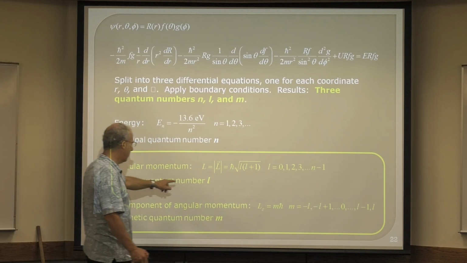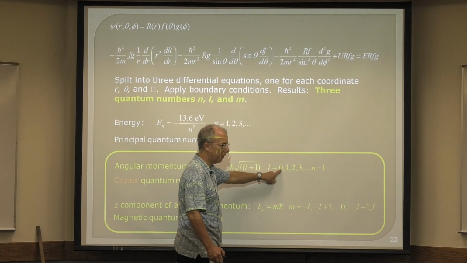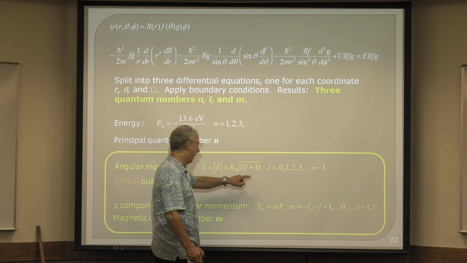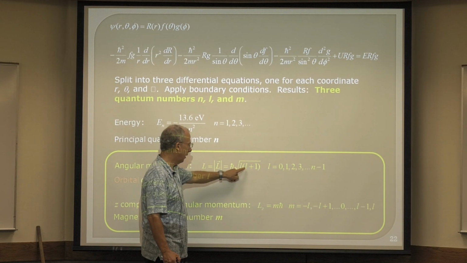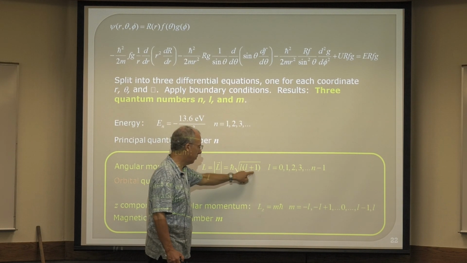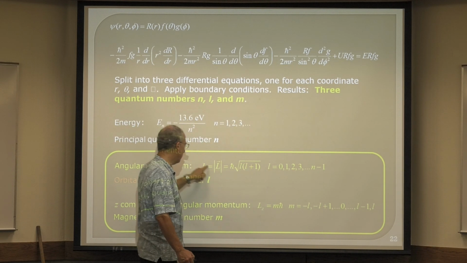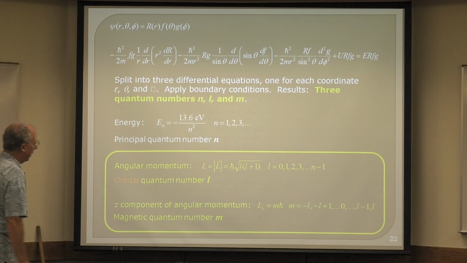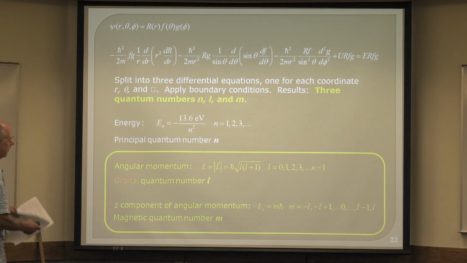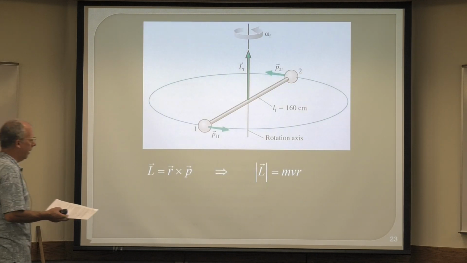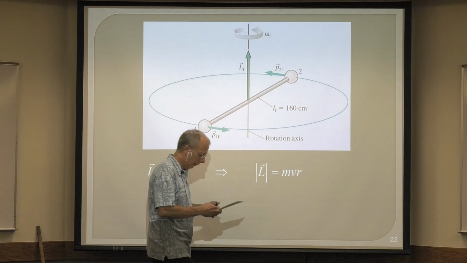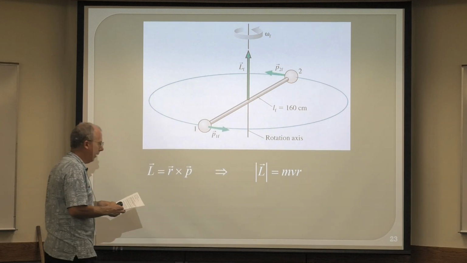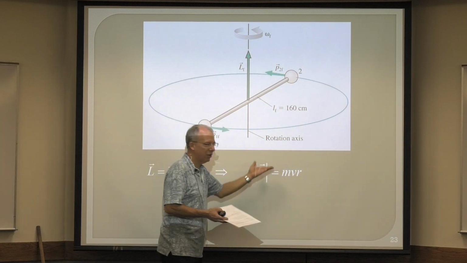Now notice, L equals 0 is a possibility. If L were 0, then you'd have 0 plus 1, which is 1, times 0, which would be 0. So you could have L equals 0. But what does it mean if L equals 0? If L is 0, the thing's not moving.